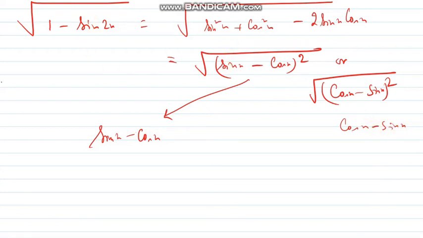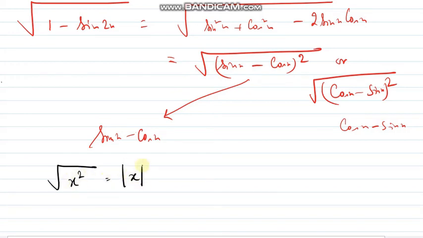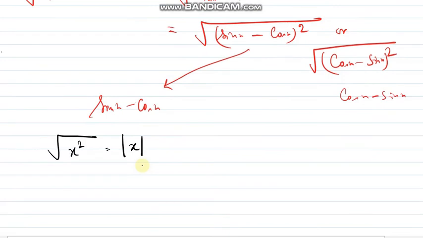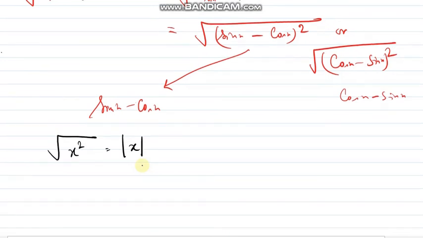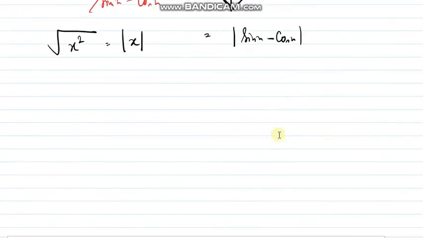If you know the concept of modulus, root over of x square is always equal to mod x, because under the root sign we always take only the positive value. So this value is ultimately equal to mod of sin x minus cos x. Now how will this mod work? Let us discuss the graph of sin and cos in between 0 to pi by 2.